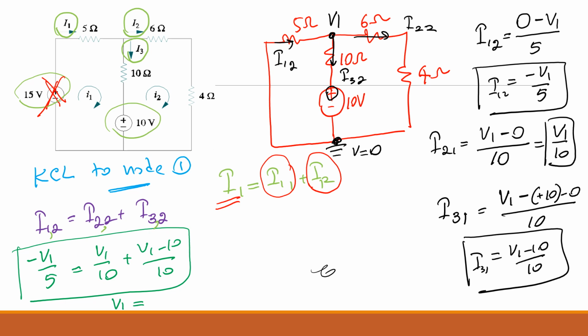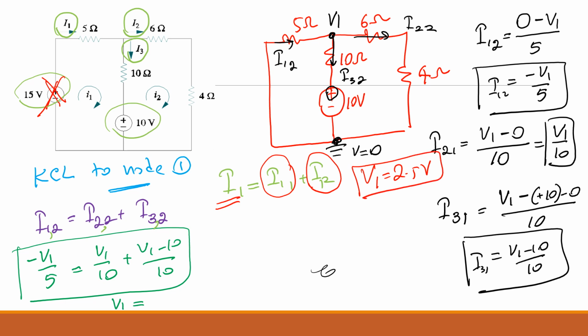What did we find for I11, I12, I21, I22, I32? What did you get? What is V1? 2.5. So V1 is 2.5. Do we all get 2.5 volts for V1? So what is I1?